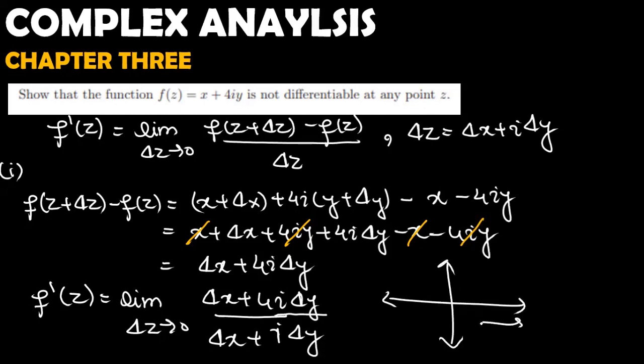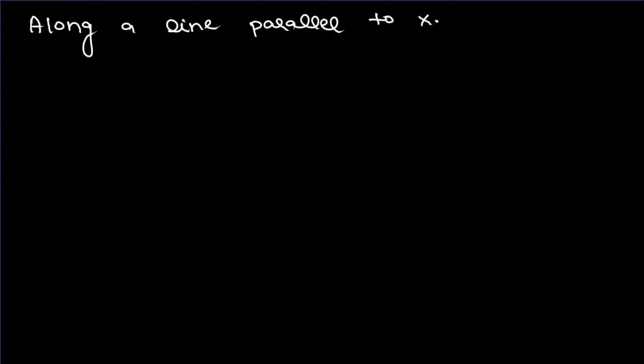We will check the function along the x-axis, and we will check it along the y-axis. How will we check whether the function is differentiable or not in this way? The first case is along a line parallel to the x-axis.